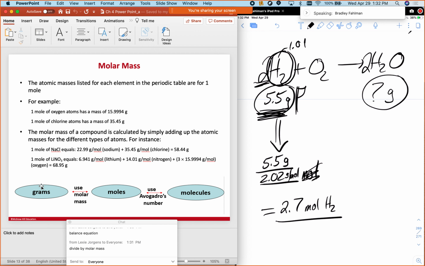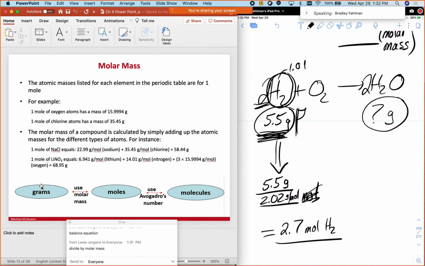So how many moles of water do we have then? This is where you are looking at these numbers. This is the only time these balance coefficients really come into play.